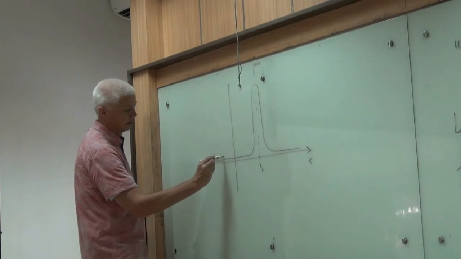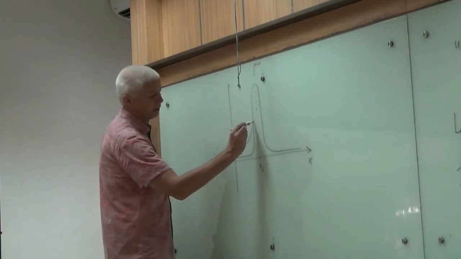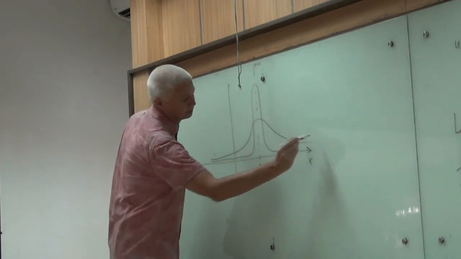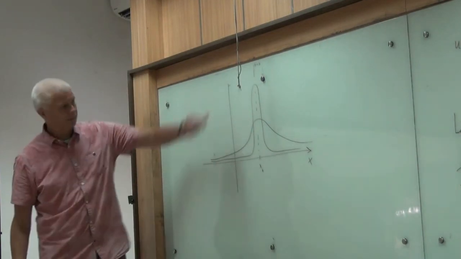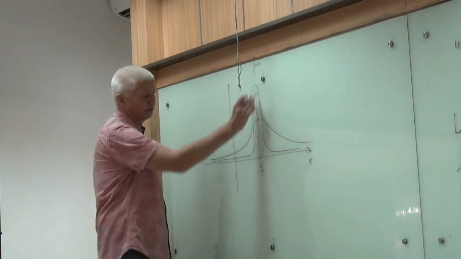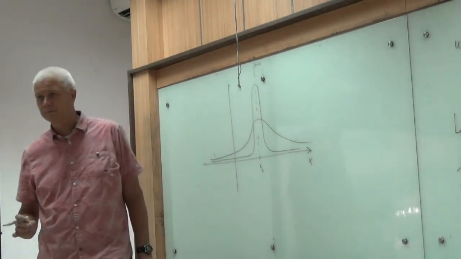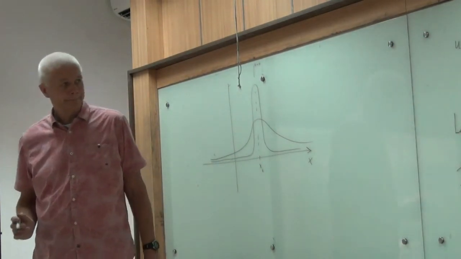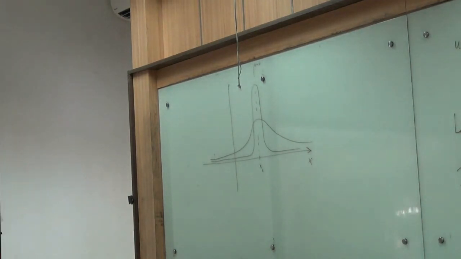And if I wait longer, it's doing this. So the temperature drops and spreads out. And the area below the curve will always be 1. Yeah? Is this clear for everyone? How to do this?